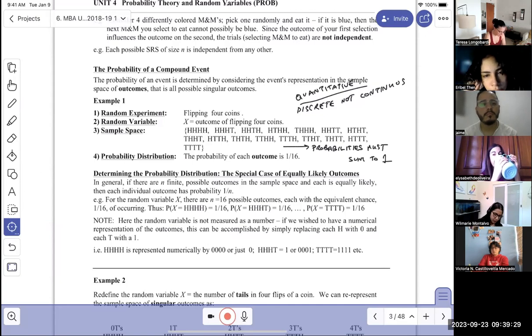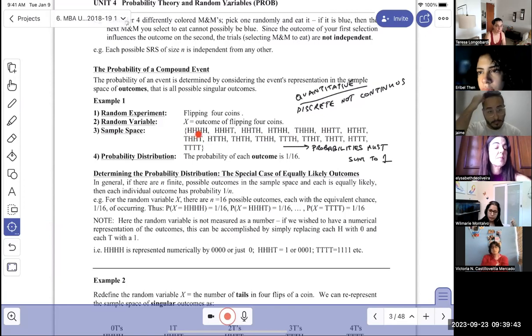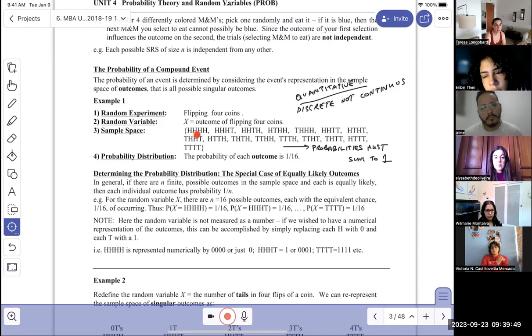and since each one is equally likely, I know they're equally likely because on each flip, the chance of a head is 50%. On the subsequent flip, the chance of a head again is 50%. Or the tail, because I defined it. No, I just said outcome. Okay. So it's 50% each time.